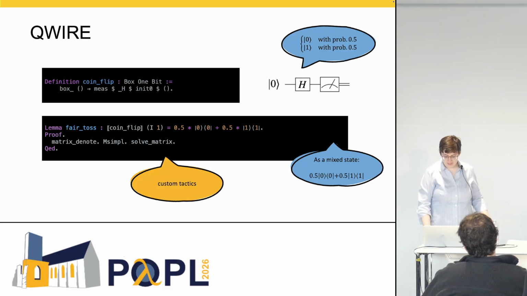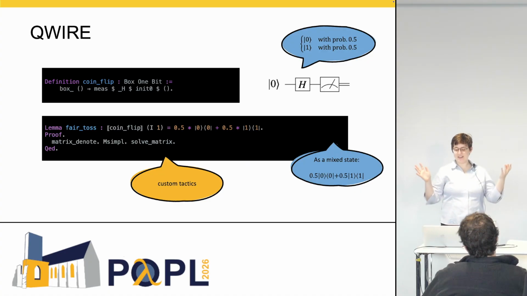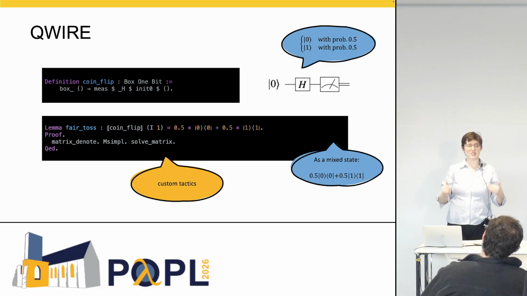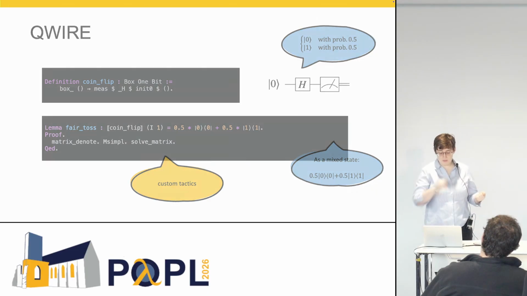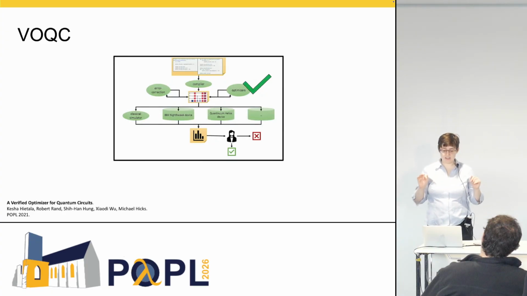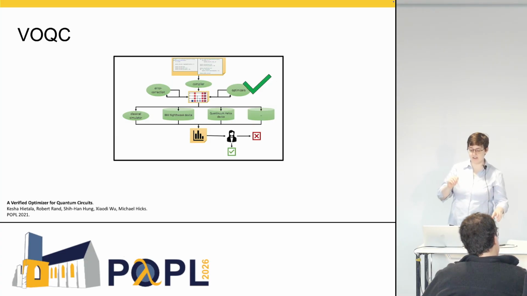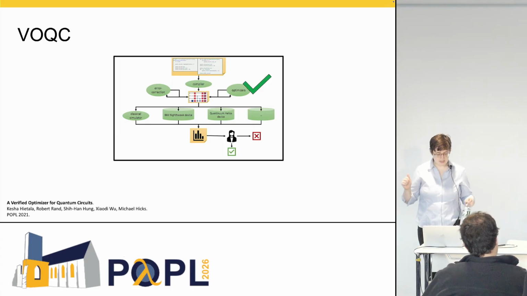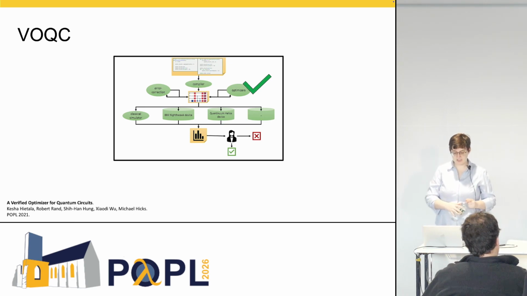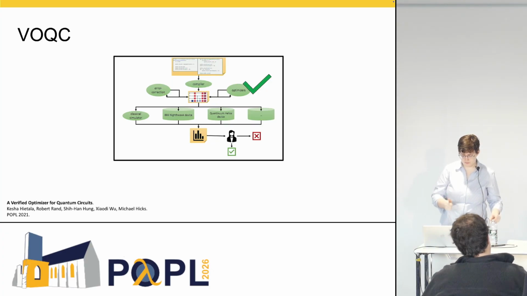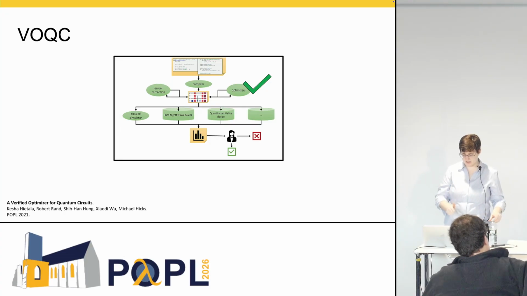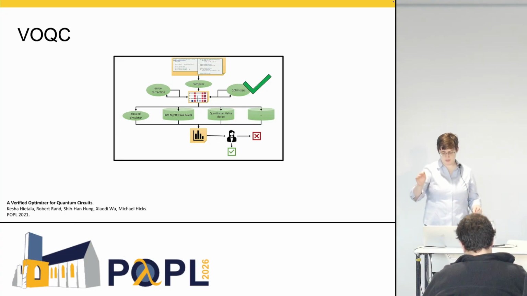Okay. So this approach of reasoning directly about the semantics of quantum circuits can get you pretty far. Another use of this approach is Vox, which is a verified optimizer for quantum circuits. This is a paper from 2021 by Kesha Halada and Robert Rand, and some others at UMD.